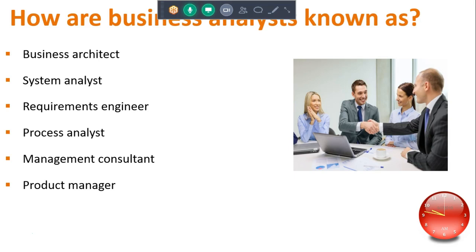In terms of the types of job descriptions or job roles that people have, it's all over the lot. It could be anything, and even this is just a small sampling of the types of people who could legitimately be called business analysts.